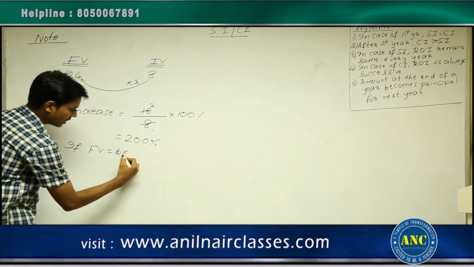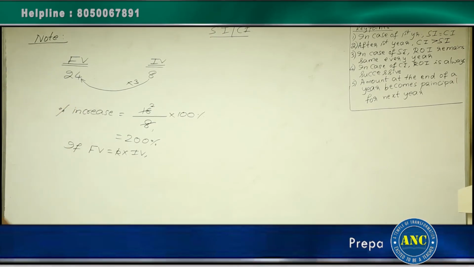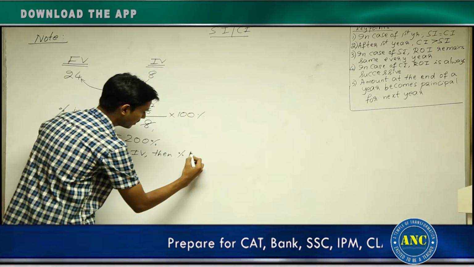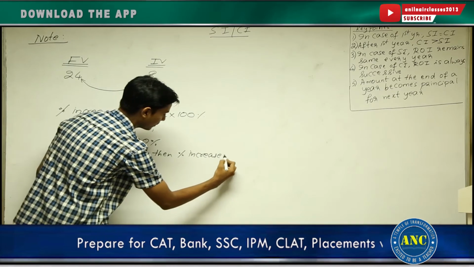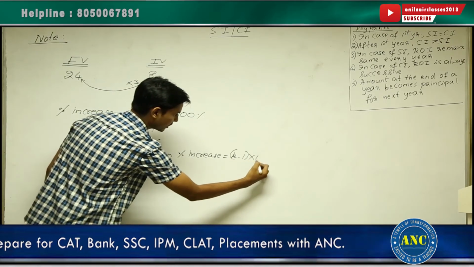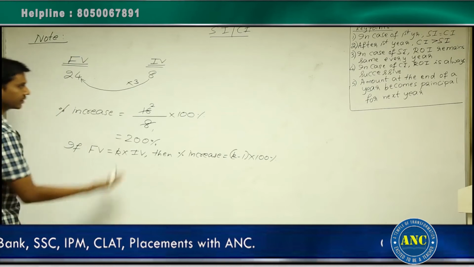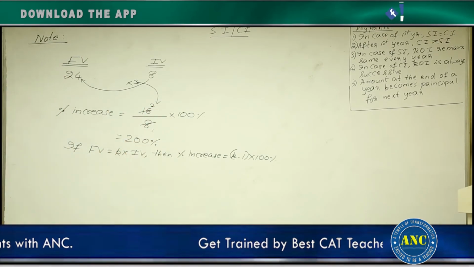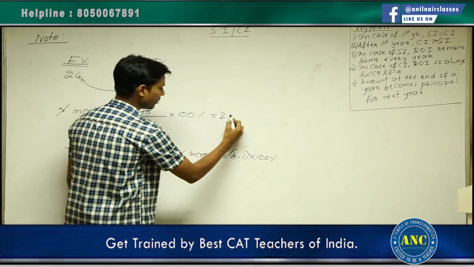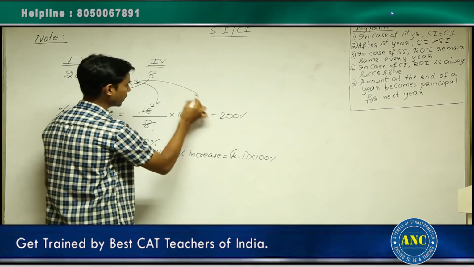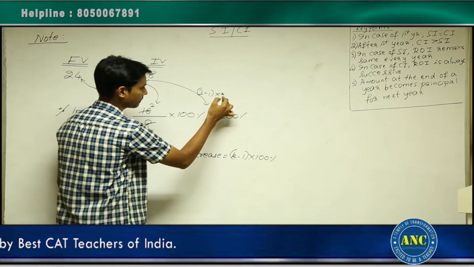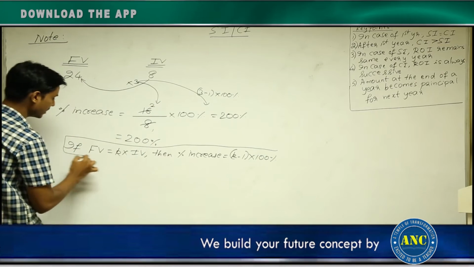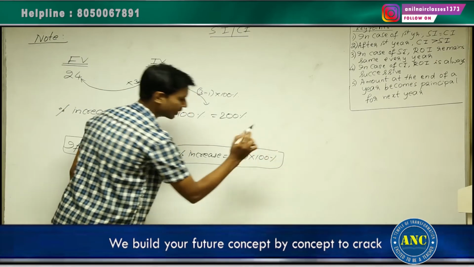If the final value is k times the initial value, then the percentage increase is given by (k minus 1) into 100%. This is nothing but (3 minus 1) into 100%, that is only 200%. Agreed?